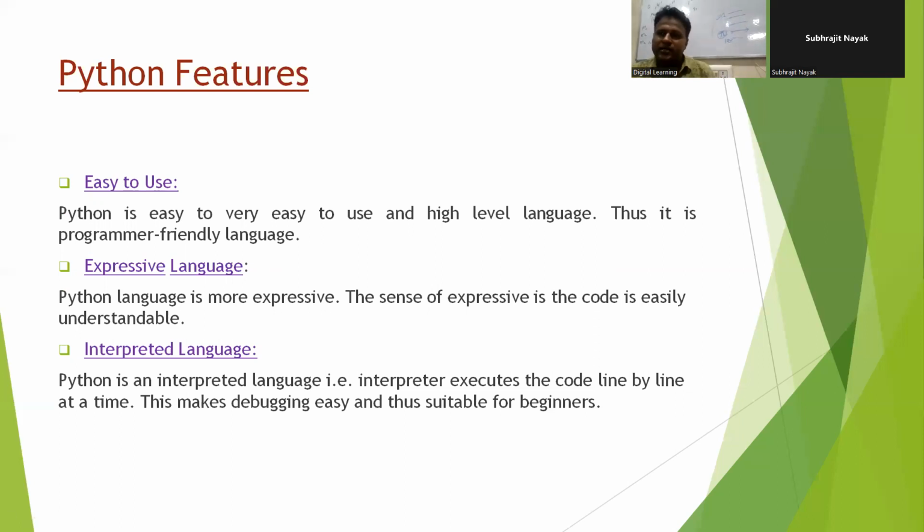Okay, because the scripting that we write in the program is very simple. It is an expressive language. Python is more expressive. The sense of expressive is that the code is easily understandable.